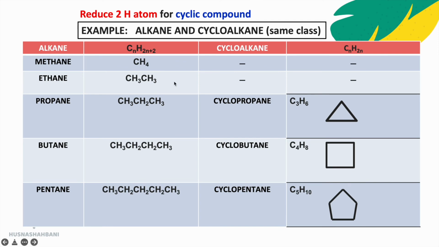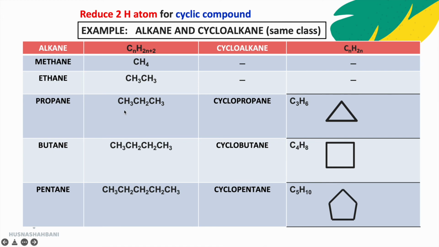For this one, let's see, we start with propane. Cyclopropane, because there's no cyclic for fewer carbons. If there is 1 carbon for alkane, you cannot form a cyclic structure. Same goes for ethane, you cannot form a cyclic structure. So we start with propane, 3 carbons. This is the structure of cyclopropane.